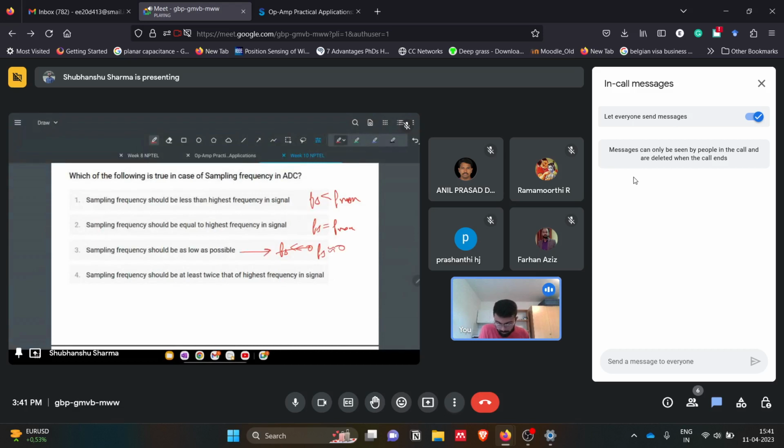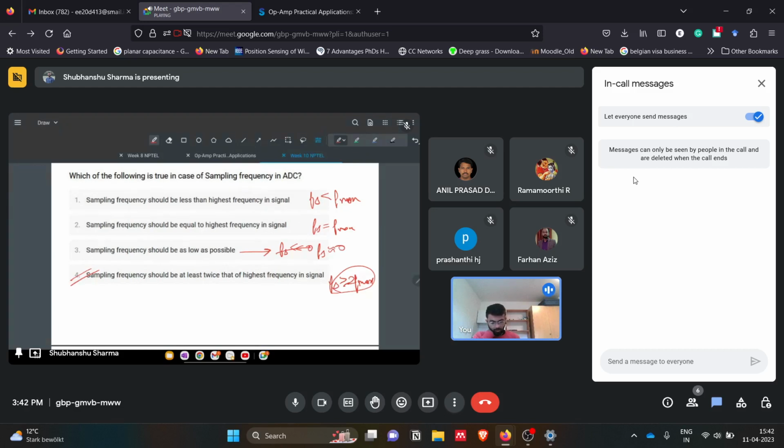What this option says is sampling frequency should be at least twice the highest frequency, 2 Fmax. Based on the lectures, this should be the right answer because we need the sampling frequency to be two times the maximum so that we can faithfully get the signal.